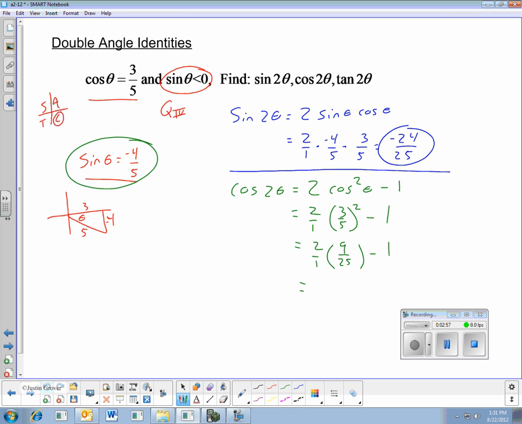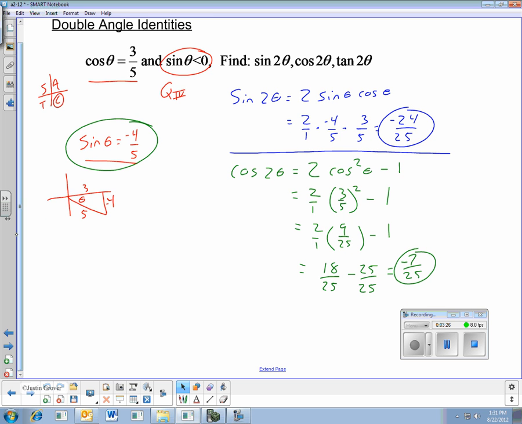Let's see, 2 over 1 times 9 over 25 is, multiply the top, we're going to get 18 over 25. Now minus 1, I can just turn 1 into any number over itself, like 25 over 25. This way my two fractions have a common denominator, and I see that 18 minus 25 is negative 7 over 25.